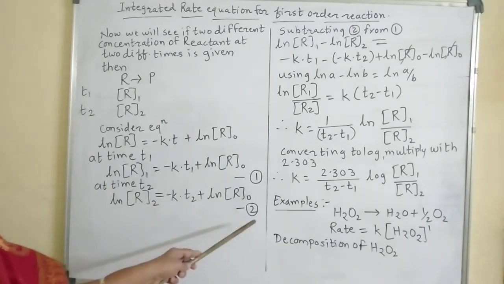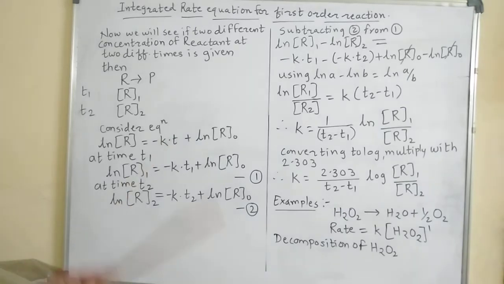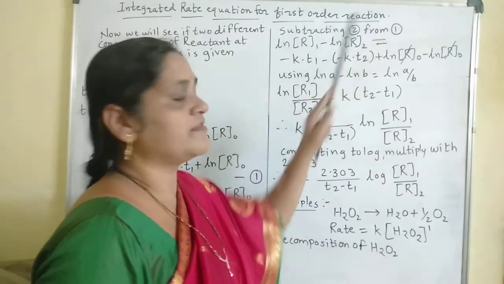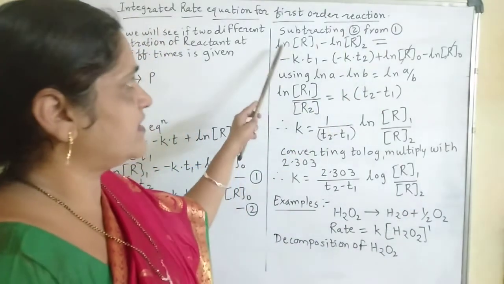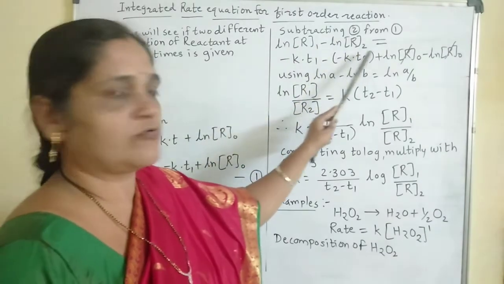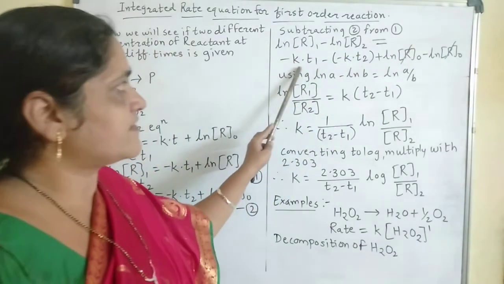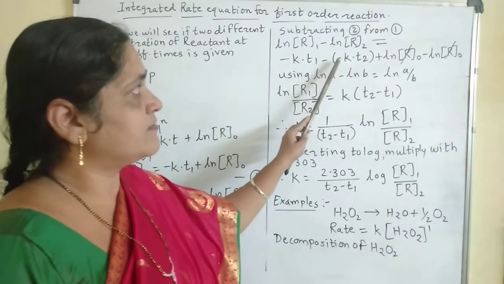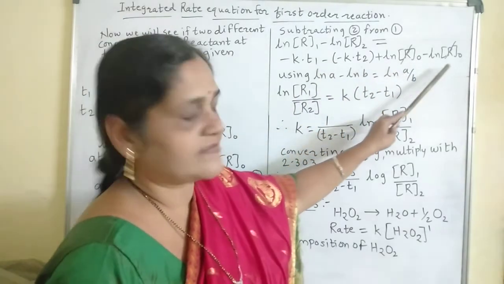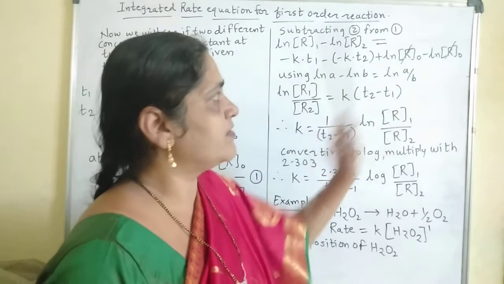This is equation 2. Now we are going to subtract equation 2 from equation 1. Then ln of R1 minus ln of R2 is equal to minus K into t1 minus K into t2 plus ln of R0 minus ln of R0. These two terms will be cancelled.